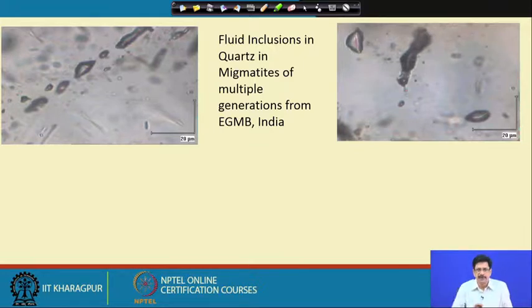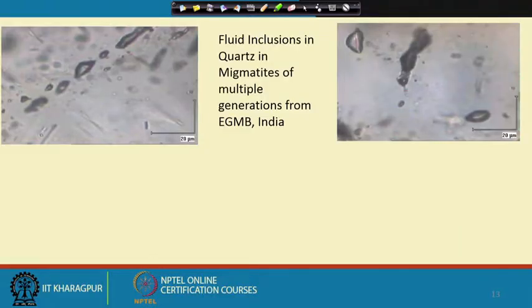So what generally emerges is that inclusions on the healed cracks, those which formed during the process of healing of the crack in the host mineral, on fractures which are created later, have a tendency to change their shape, compared to the ones which are present as part of the random three-dimensional network.